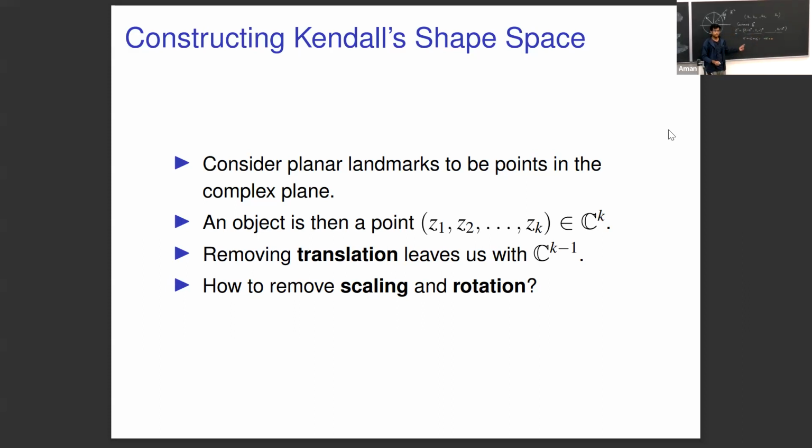So we have added a constraint to our representation of the data that we already have, like the Z1, Z2, Zn, right? And by adding this constraint, imagine a real coordinate system.